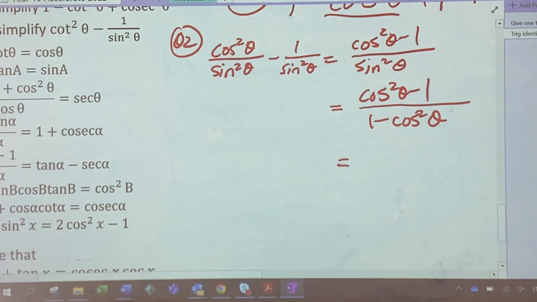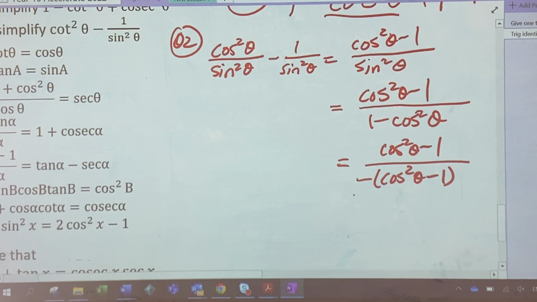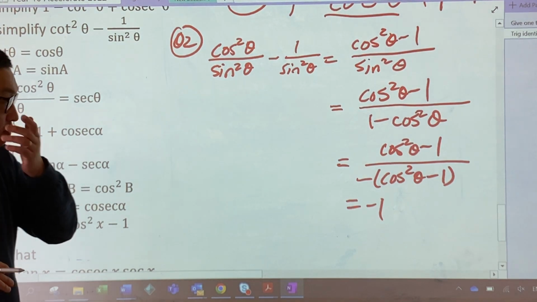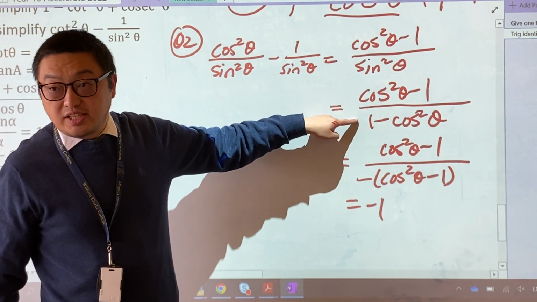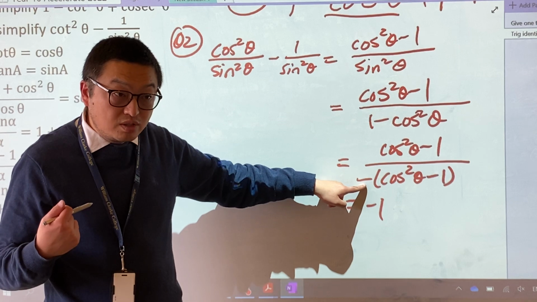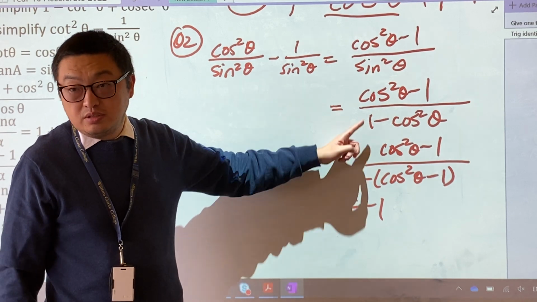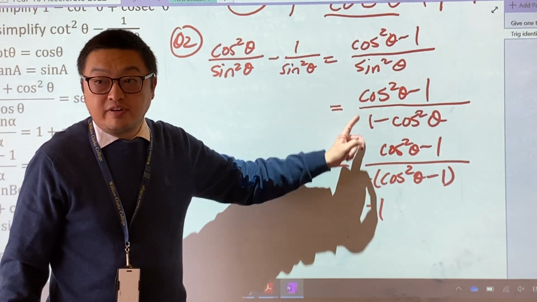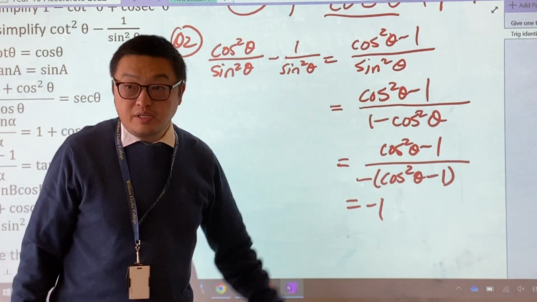Down the bottom is a year 9 technique: you take the negative 1 out, then you have cos squared theta minus 1. On the top, you just copy down, top and bottom cancel, the answer is negative 1. Then you finish. The top and bottom cancel, then you're done.